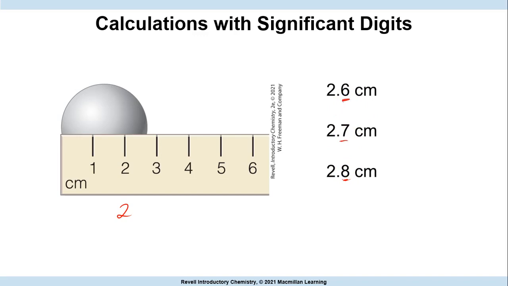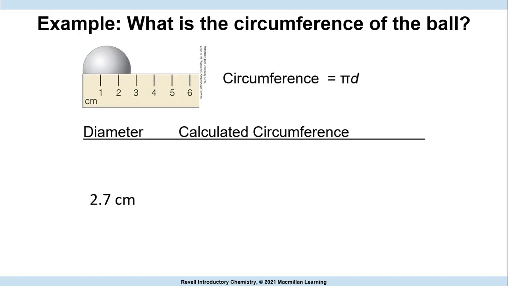Now, let's say we are going to work with the 2.7, which is in the middle. We choose the 2.7 because it's the one in the middle, and we move ahead and see how we're going to calculate. For example, what is the circumference of the ball? To measure the circumference using the diameter, we know that the circumference is equal to pi times the diameter.